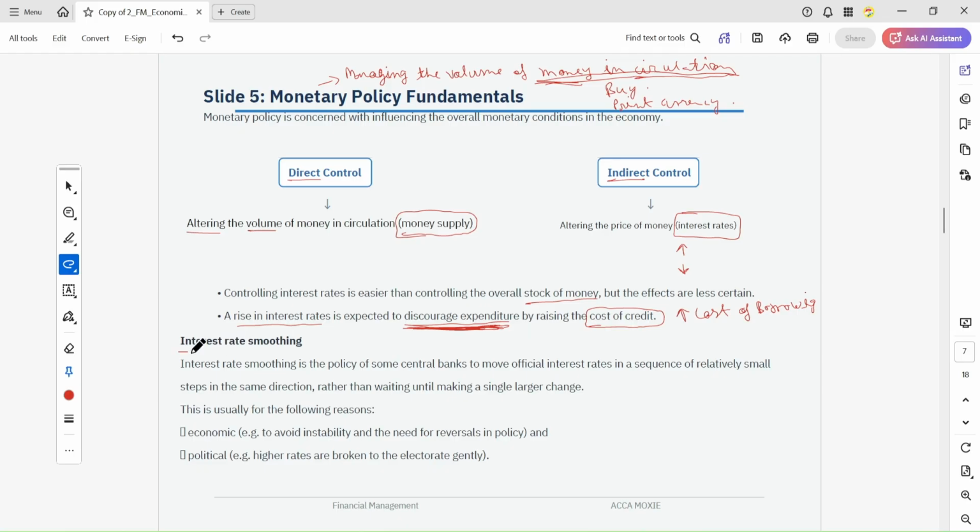And the interest rate smoothing, what is this? Interest rate smoothing means, for example, the government wants to increase the interest rate from 8% per annum to 10% per annum.